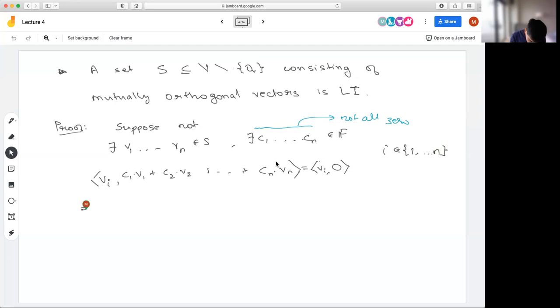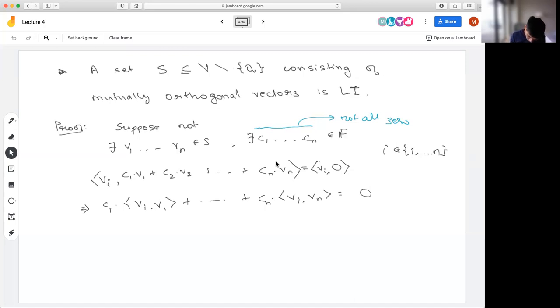And now by linearity, I get that c1 times the inner product of vi with v1, plus and so on, plus cn times the inner product of vi with vn is equal to 0, because the inner product with vi is a linear transformation on the second input. A linear transformation is always 0 when you plug in 0. So the right hand side is 0.